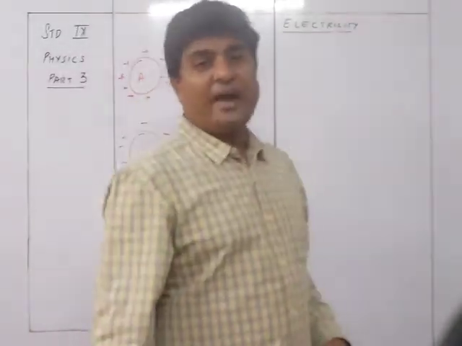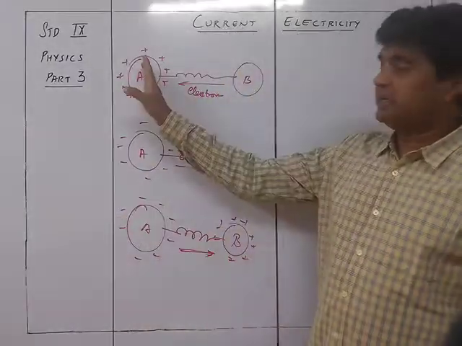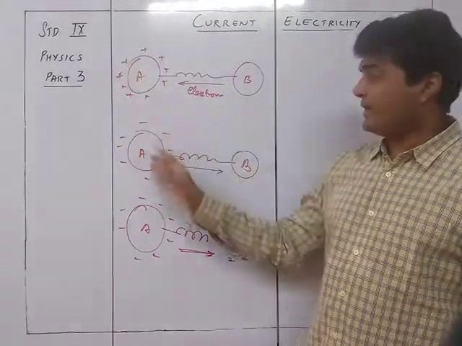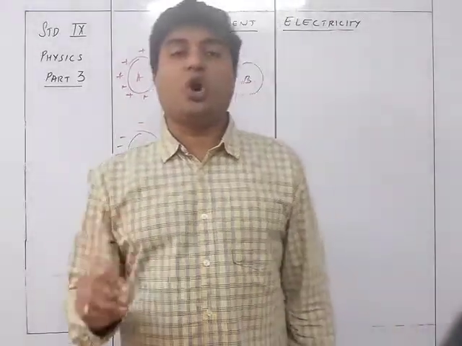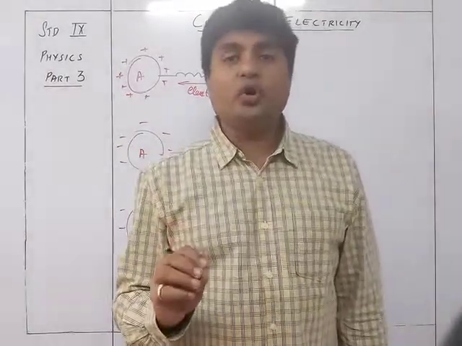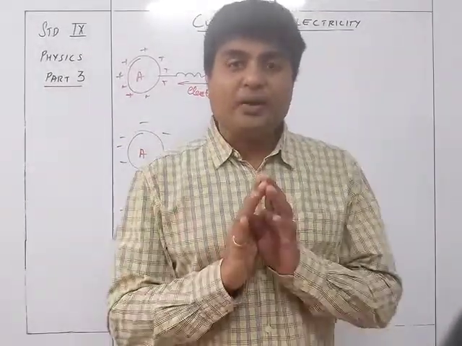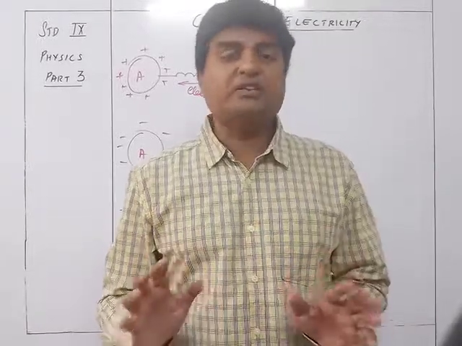So you will find that whether I have got more positive or more negative, the flow of electrons is the cause of the flow of current. The current is going to flow not because of any movement of the protons. Protons are not going to move at all. The positive charge does not move.